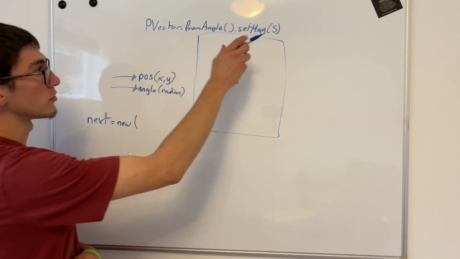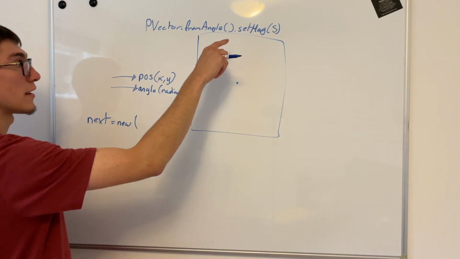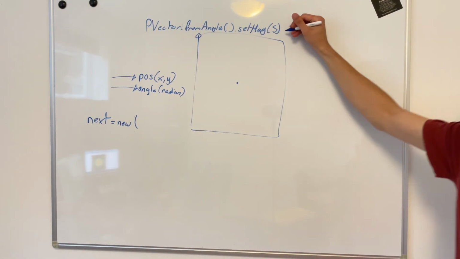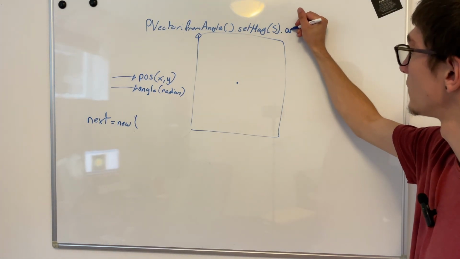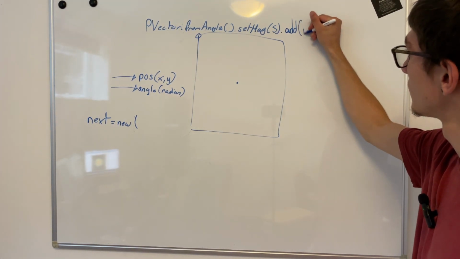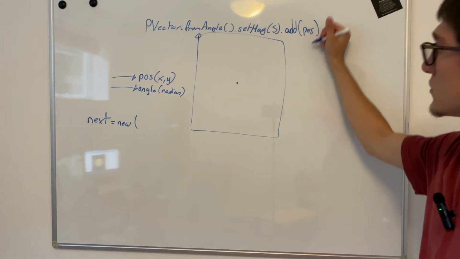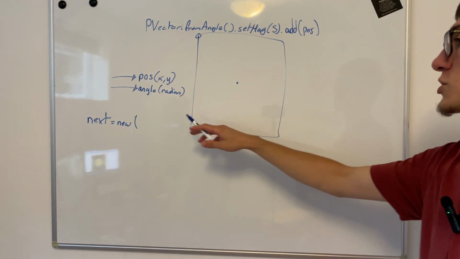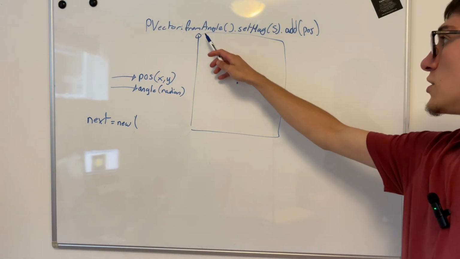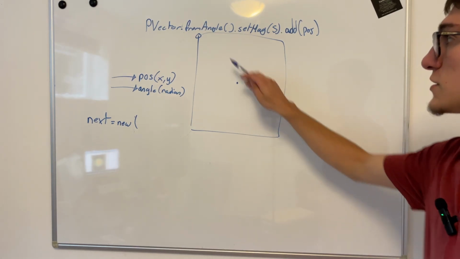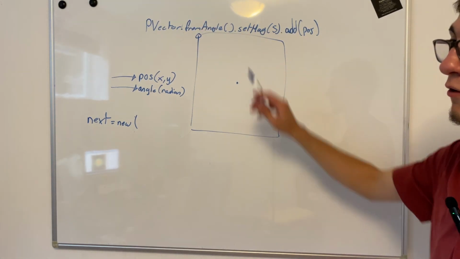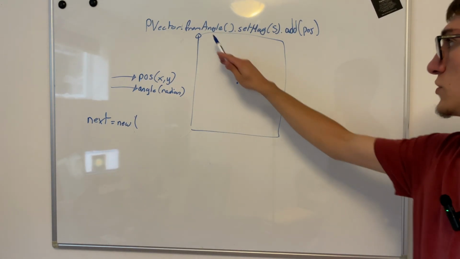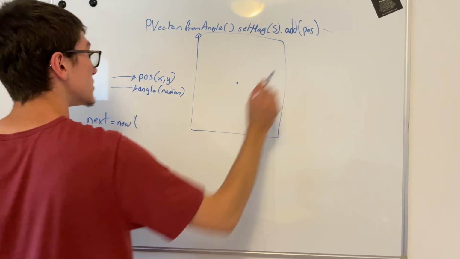So that's the whole goal. And then, based on this point, we need to add to this the current position. So this will displace it based on the position, which is going to add to this, right? So it's going to basically move this over here. We're going to add x and add y to this point. So that's going to be the new position.